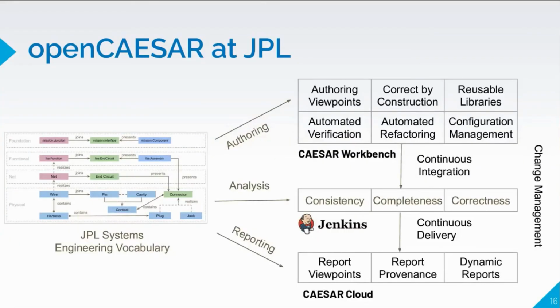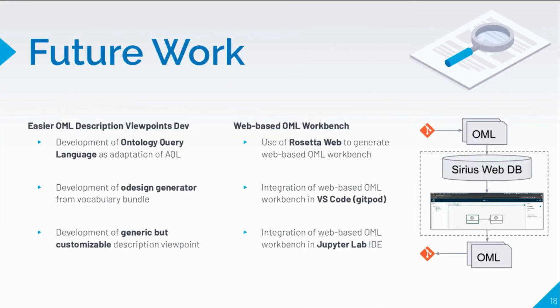Okay, for sake of time, I will go to my future work slide, which is my last slide. So how do we go from here? We have two paths of improvement. We want to make it easier for toolsmiths to define those description viewpoints.